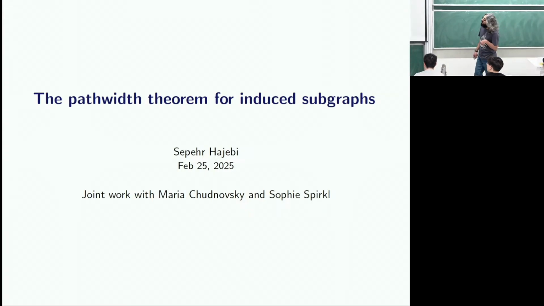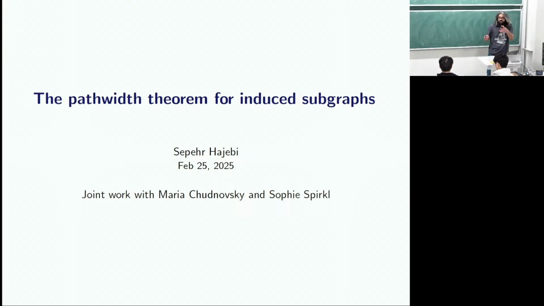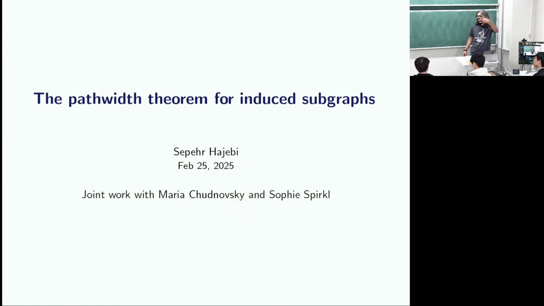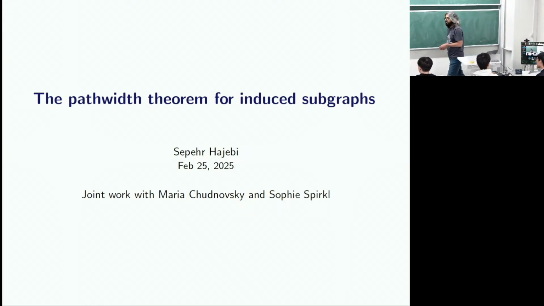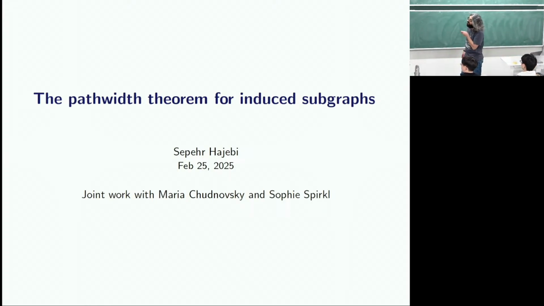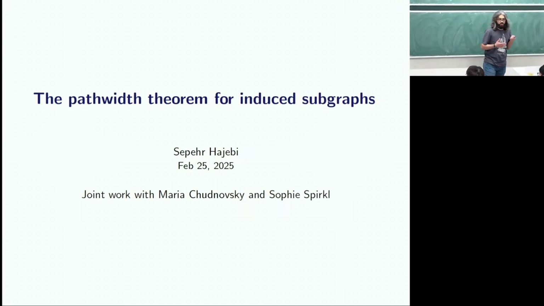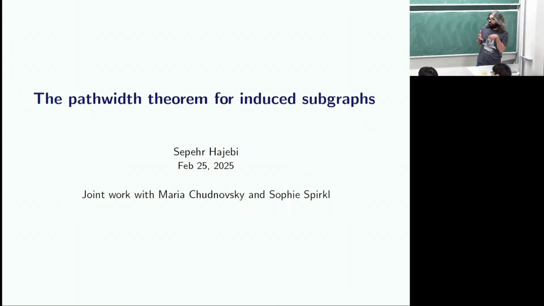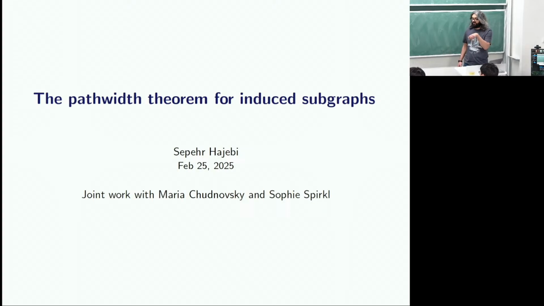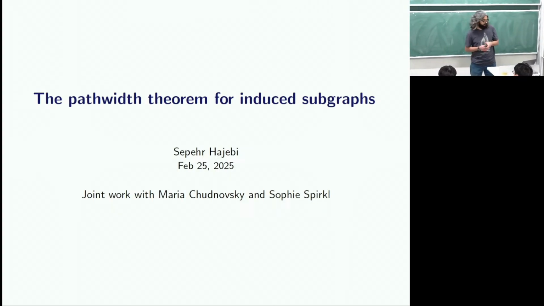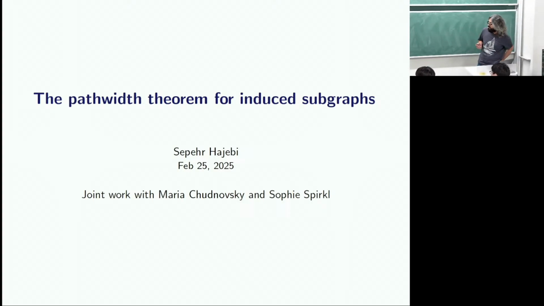And somehow the idea here is to ask the same question, except the measure of complexity is coming from, or at least has its roots in, the territory of graph minors. And specifically today I'm going to talk about pathwidth as the measure of complexity. And the good news is that we now completely understand what induced subgraphs you should expect to see in a graph of large pathwidth.